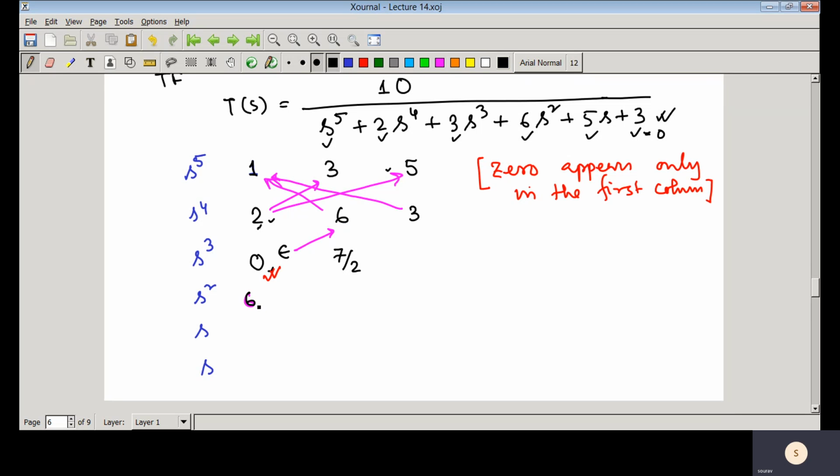Then if we proceed, what we would have is 6 epsilon minus 7 divided by epsilon, and the next one is epsilon into 3, that is 3 epsilon minus 0 by epsilon, so that would be equal to 3.